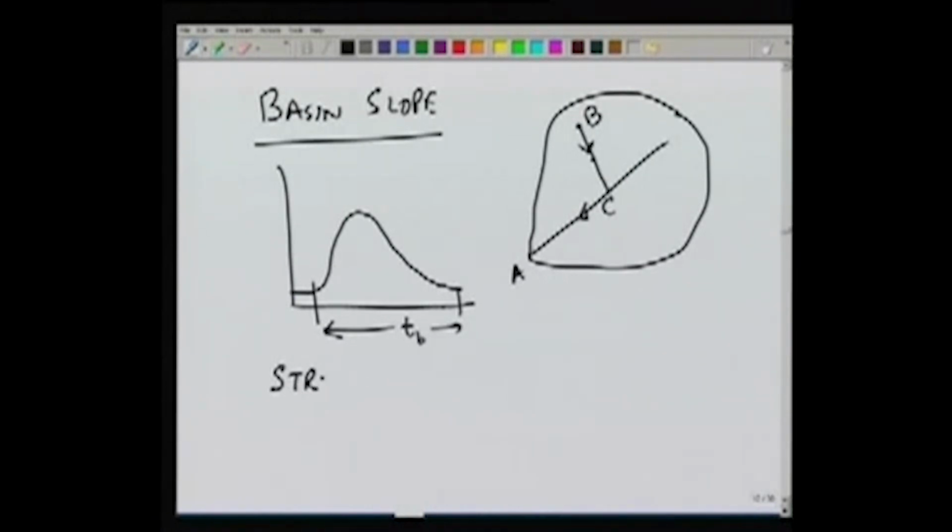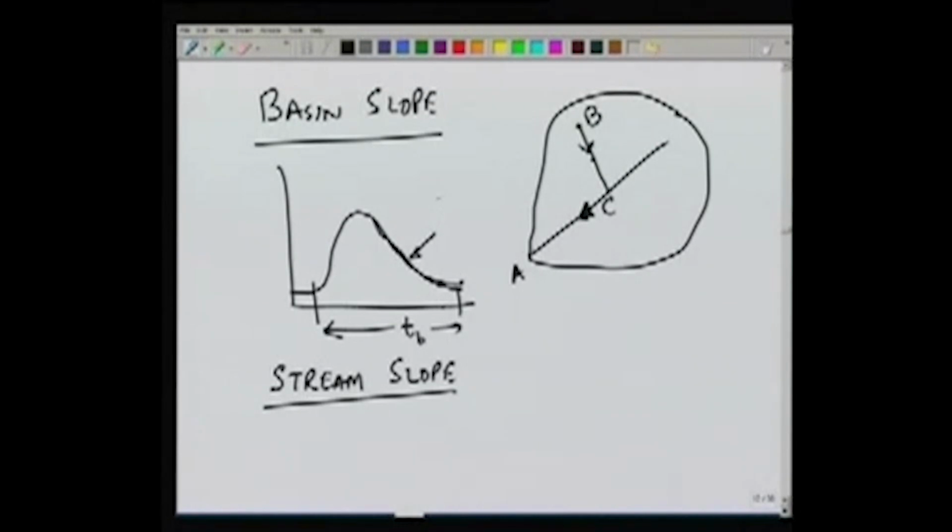Similarly, the stream slope also is important because the stream slope decides the stream velocity. So, higher slope again means higher velocity, and therefore, it will affect the falling part of the hydrograph.